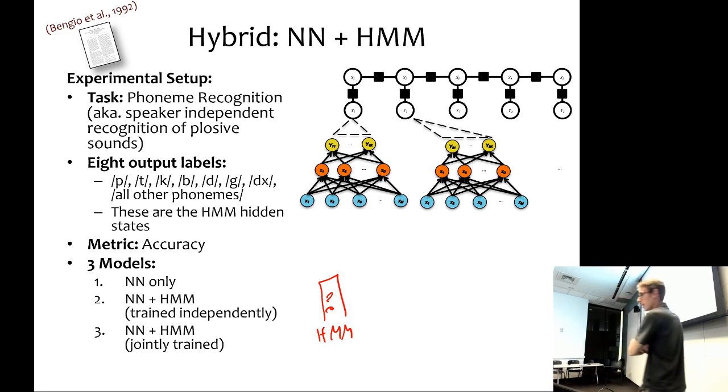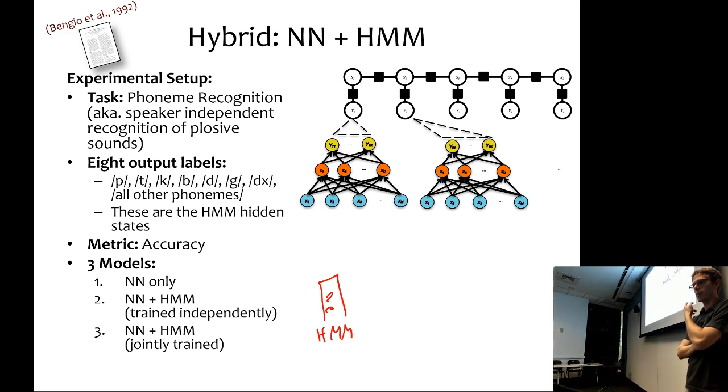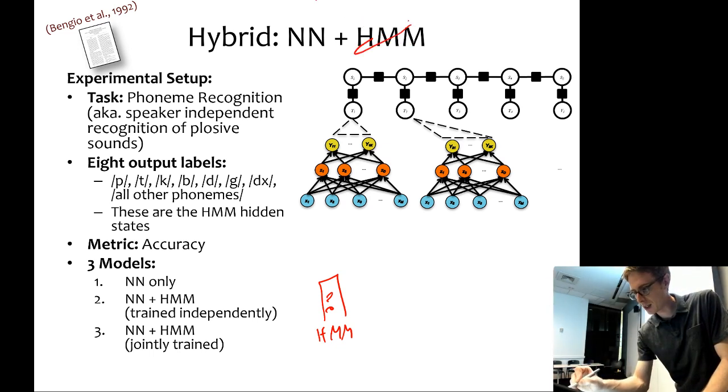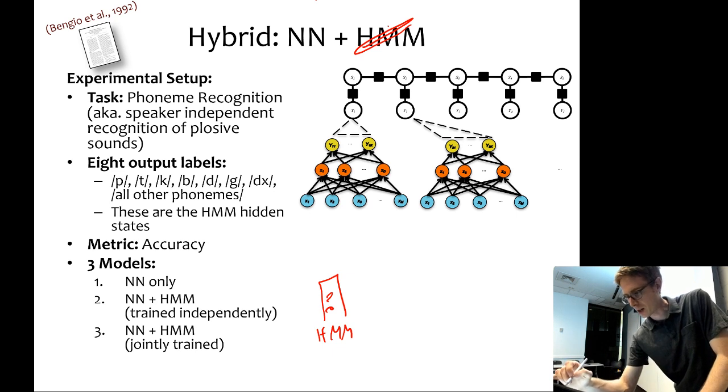Yeah, and the reason that I redrew this as a factor graph is because conceptually it's actually easier to think of this as not an HMM but a CRF.